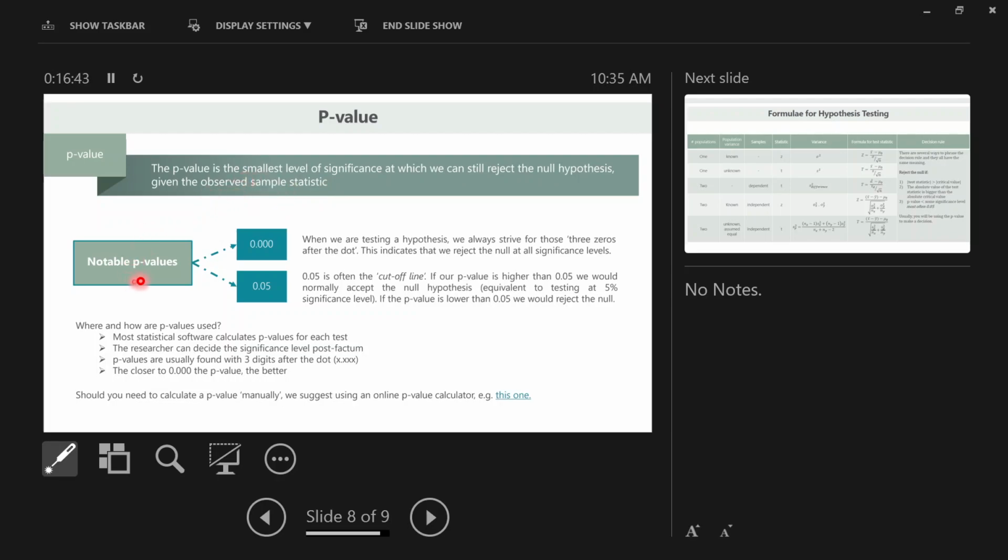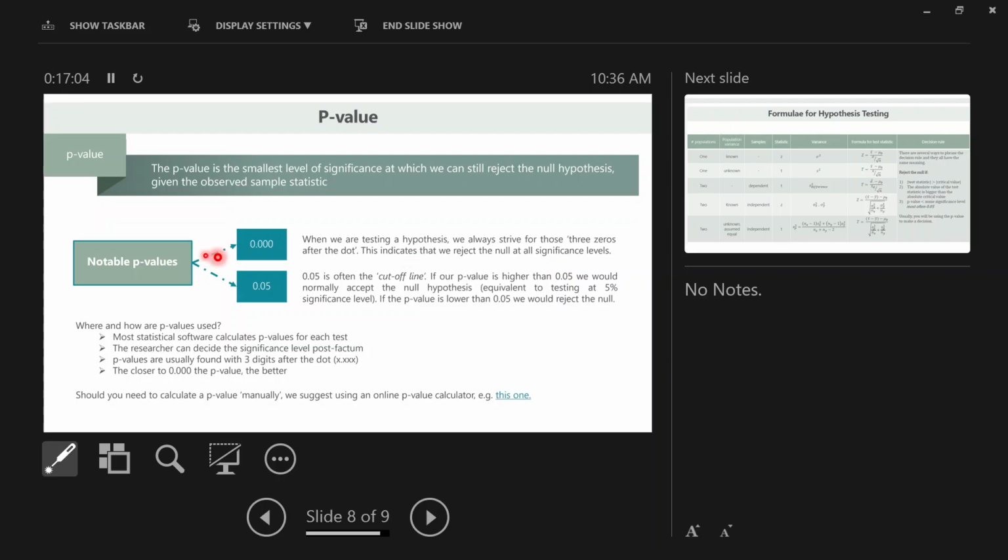Notable p-values are 0.00 and 0.05. When we are testing a hypothesis, we always strive for those 3 zeros after the dot. This indicates that we reject the null at all significance levels.